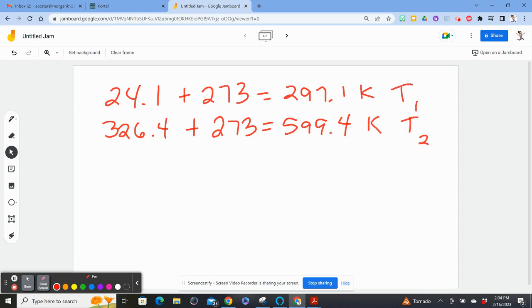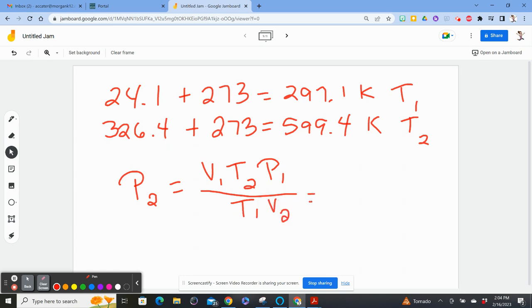Remember the equation that we solved for: P2 is going to equal P1 V1 T2 over T1 V2.